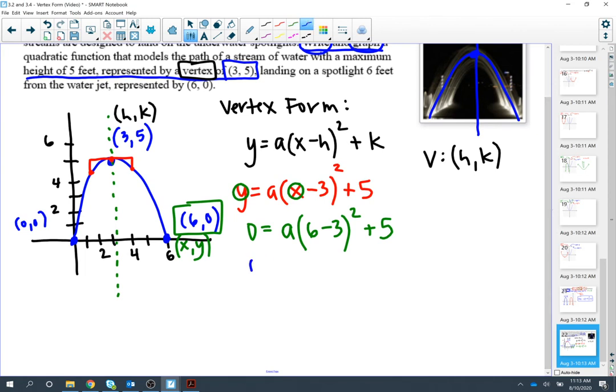So 0 equals a. 6 minus 3 is 3, squared plus 5. Then I'm going to do 0 equals a times 3 squared. 3 squared is 9, so this is 9a plus 5.